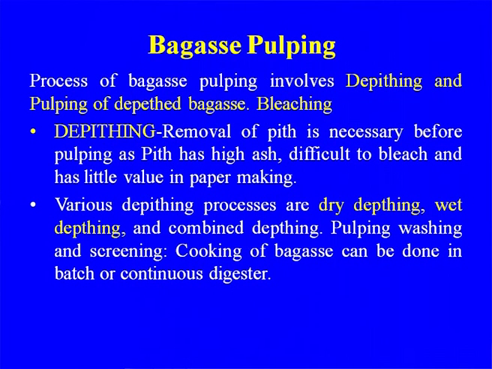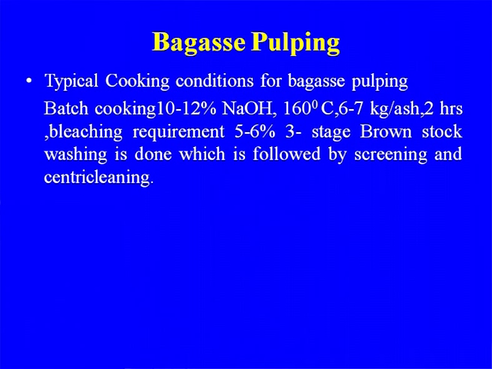Here also normally NaOH is used at 10 to 20%, at slightly higher temperature. For bleaching, 3 stage brown stock washing is done, followed by screening and cleaning. But in the case of bagasse, the pulp has slightly better properties in comparison to wheat straw.